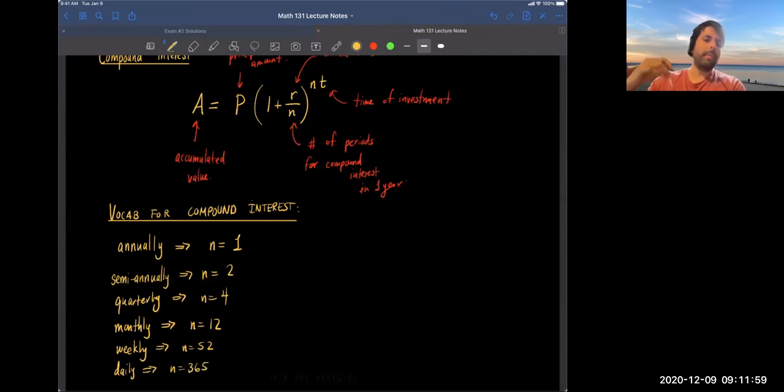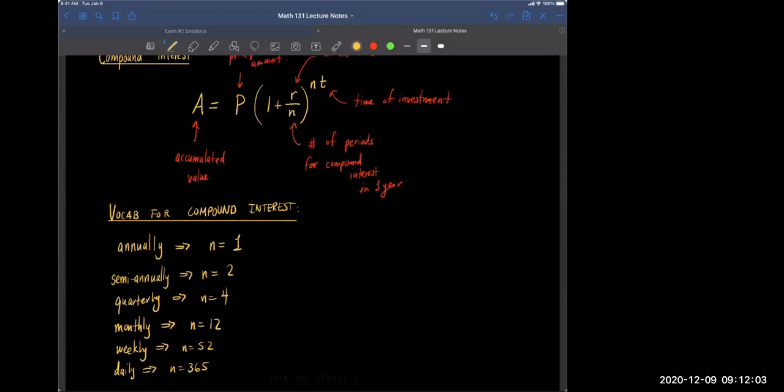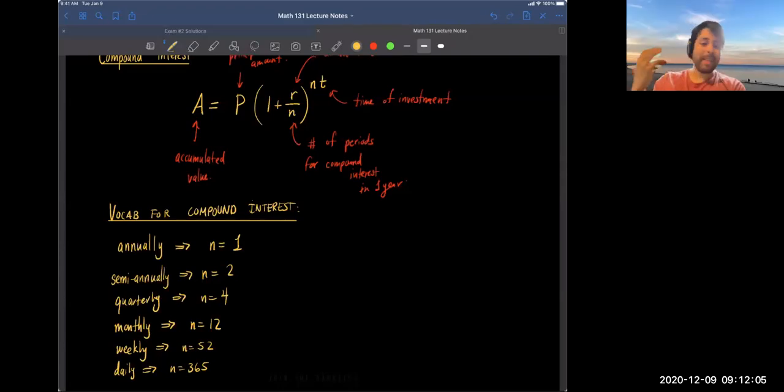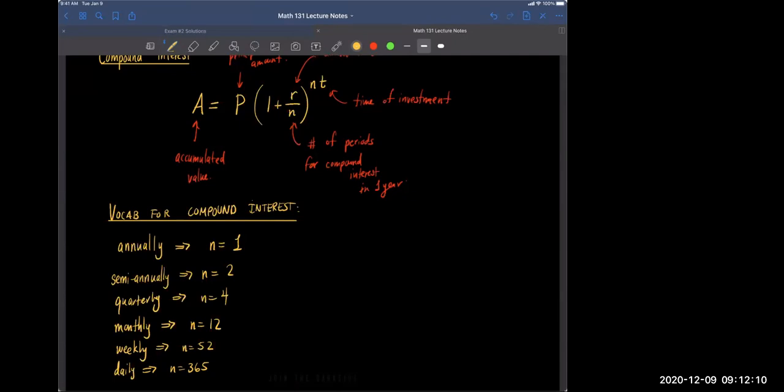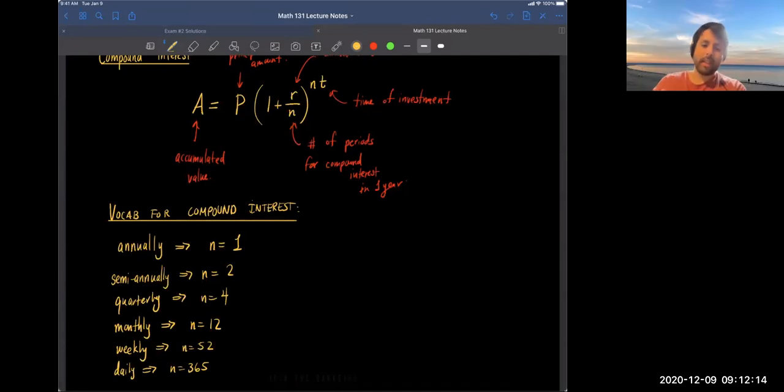We can do it per hour, technically, I mean, theoretically speaking, it's a lot of payments. We can do this per hour. We can also do this per second. And if you really want to be ambitious, you could do it at every waking moment.